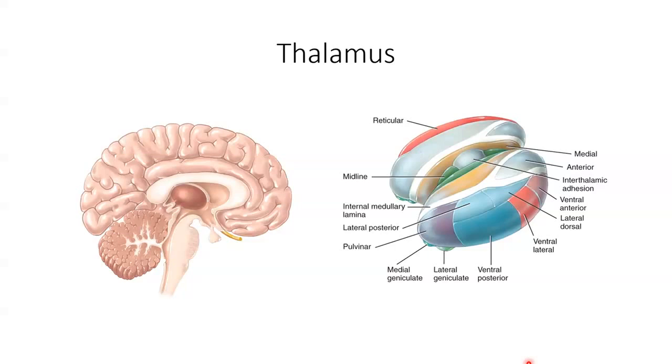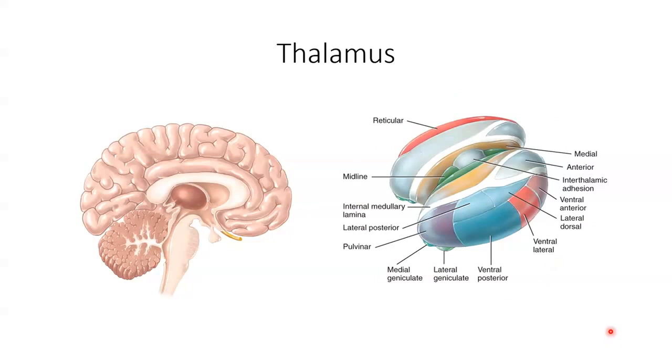So a lot there. It's two oval masses or two oval shapes, organised into nuclei and broken up by different tracts of white matter. On this image here on the left, the thalamus is this dark oval egg-shaped region in the middle. And then on the right, you can see the really clear two oval shapes. And then all of the different colours are representing the different nuclei.